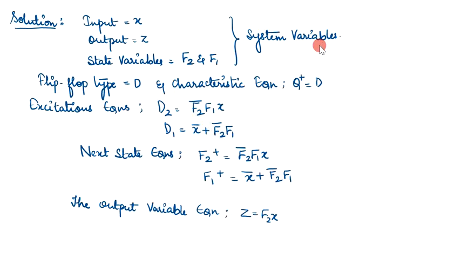Flip-flop type is D. The characteristic equation has to be known to you: Q plus is equal to D. It's always very easy with a D flip-flop because the characteristic equation is the same as that of the data. So the excitation equations you need to look into.